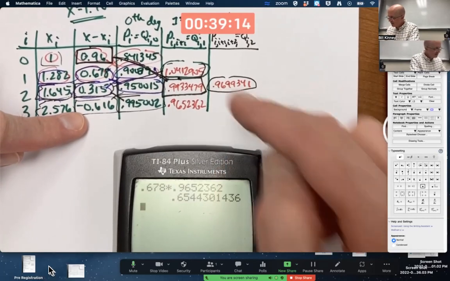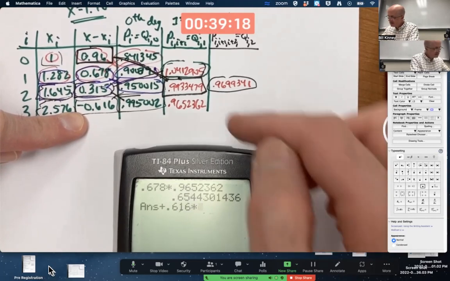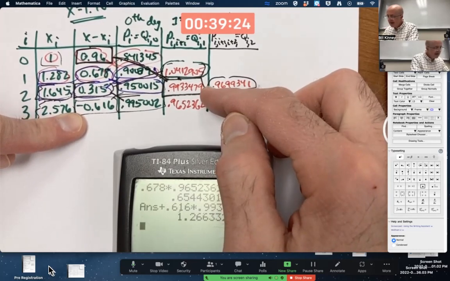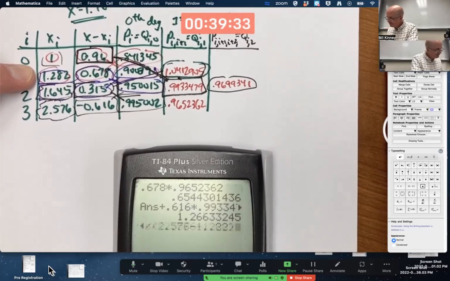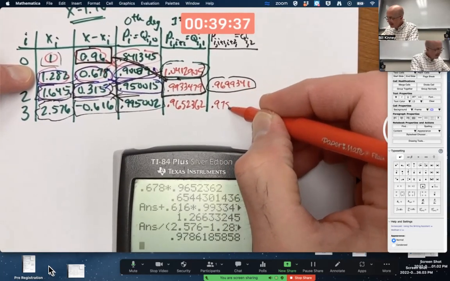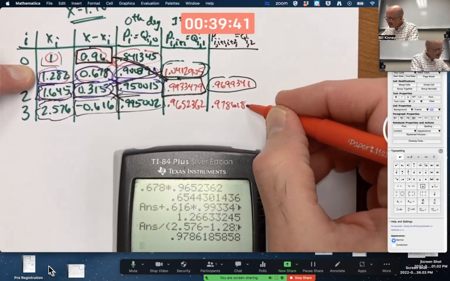That's got a negative sign, so I'm really going to add 0.616 times 0.9933479. And then divide by 2.576 minus 1.282. 0.9786186.